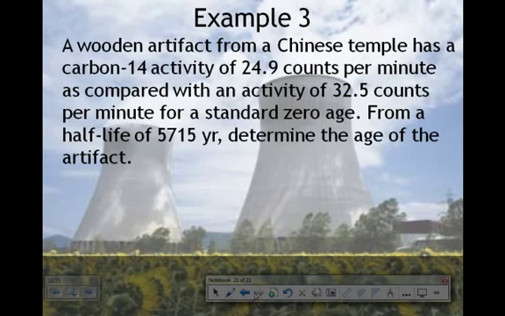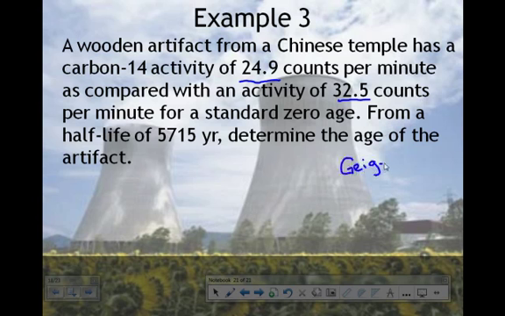A wood artifact from a Chinese temple has carbon-14 activity of 24.9 counts per minute compared with an activity of 32.5 counts per minute for a standard zero age. Counts per minute is simply the ticks on a Geiger counter.